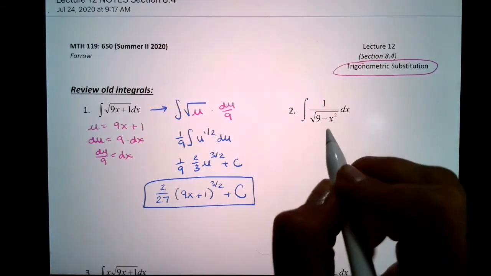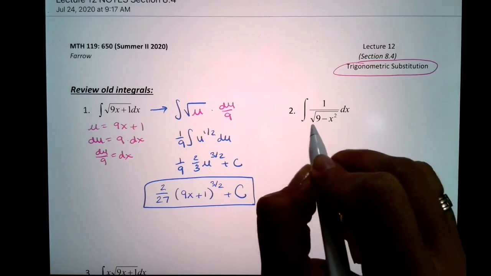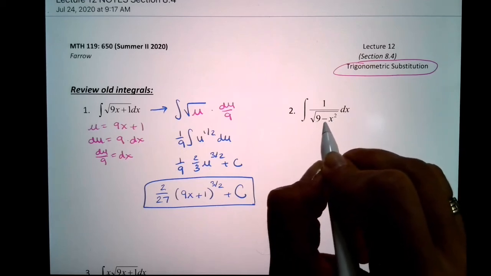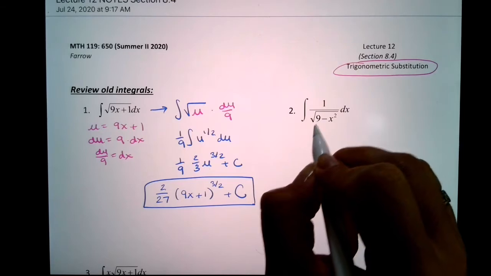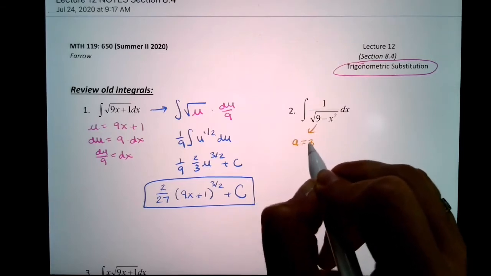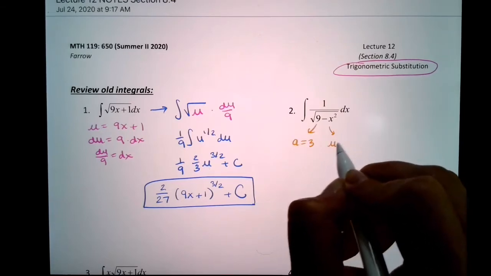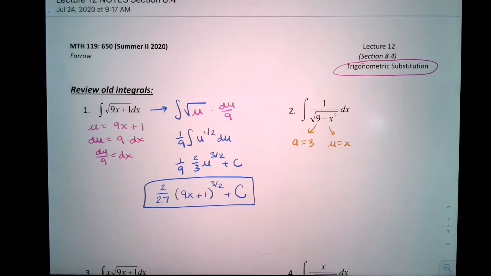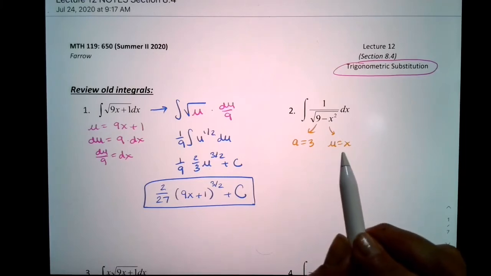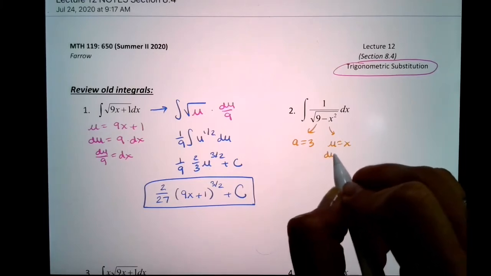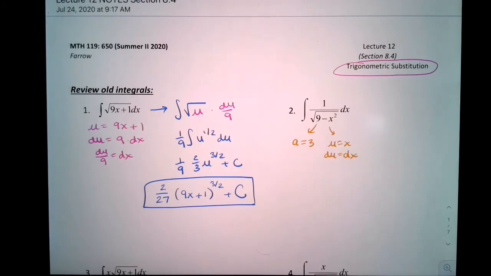I realize there's a radical. I have a number squared minus a variable squared. So I'm going to let a be 3, and I'm going to let u be x. And anytime you're doing any kind of substitution with u, of course there's a follow-through. du equals dx. That's going to come in handy in a minute.